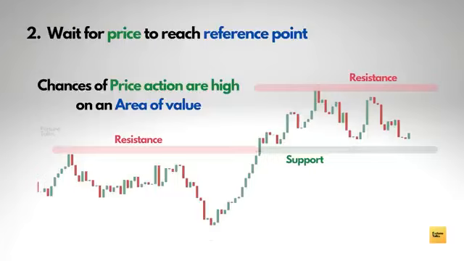After you have figured out a reference point, the second point is to wait for the market to reach that particular reference point. No matter where the price is trading right now, for a price action trader to make any sort of conclusion with the prices, it has to be in an area where there is potential interest from the side of the market participants. Or simply, the price should be at an area of value.